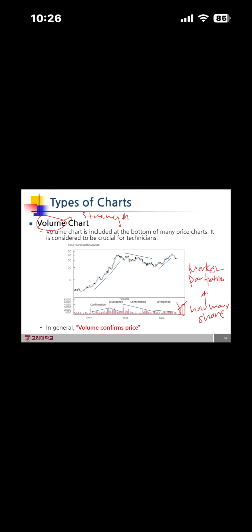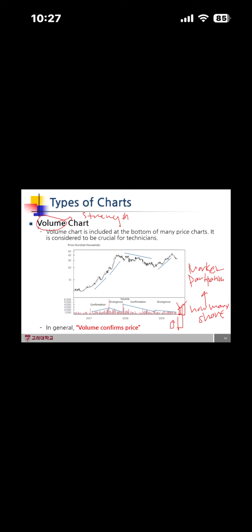If many investors are trading a stock, it suggests that the price movement reflects strong market interest. So if there is a huge trading volume, it suggests there is a strong market interest. On the other hand, if the price changes occurred with very low volume, the movement may not be very reliable.